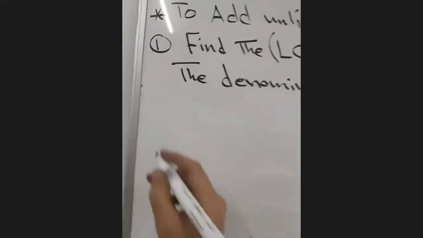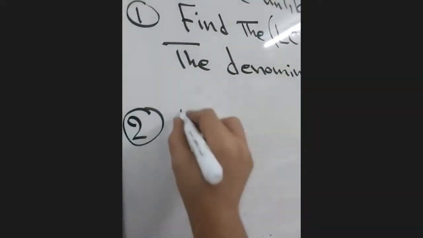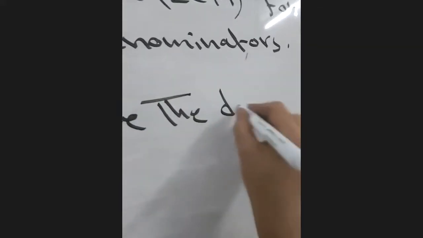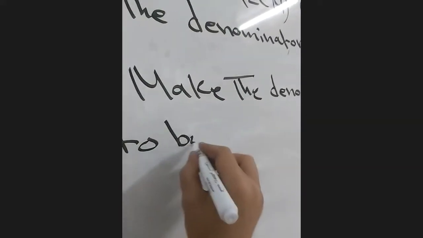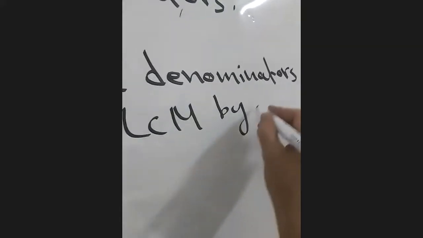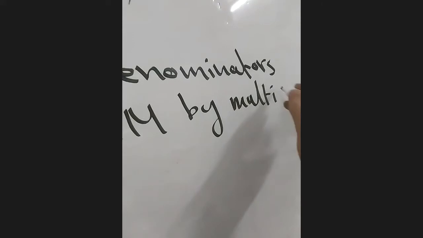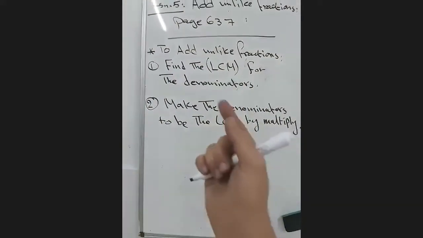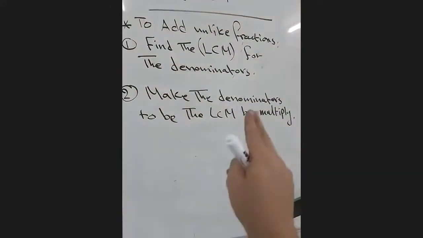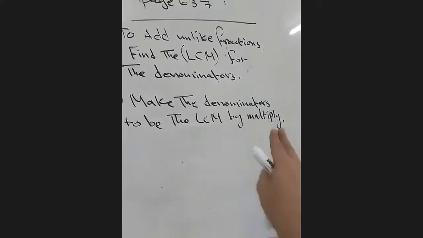Now, the second step: we make the denominators to be the least common multiple.